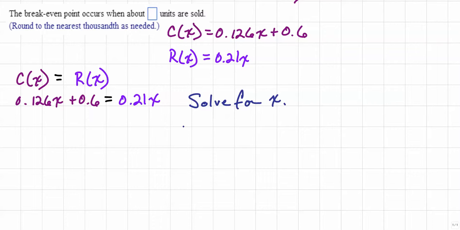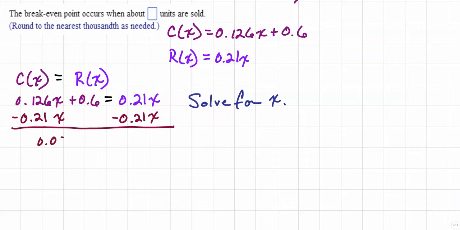I will simply subtract 0.21x from both sides, and we end up with negative 0.084x, and don't forget I still have the plus 0.6, equal to 0.